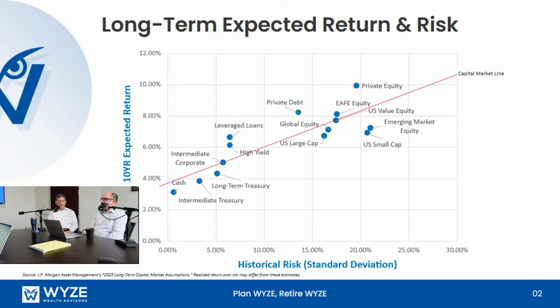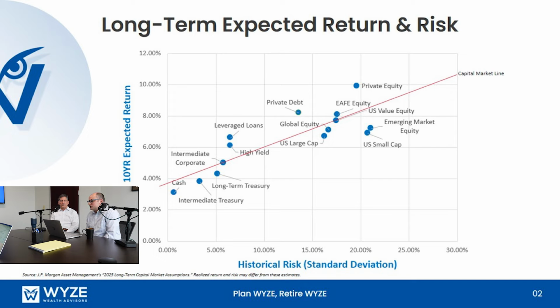Nick, anything else you want to add? Is there a couple other assets you wanted to talk about? Yeah, I think another thing we see on here that can be a big topic of conversation is developed market equity, which is called EFA equity on this chart. It's generally expected to be a little more attractive than U.S. equity, so it plots a little higher on this chart, a little riskier, but higher expected return.